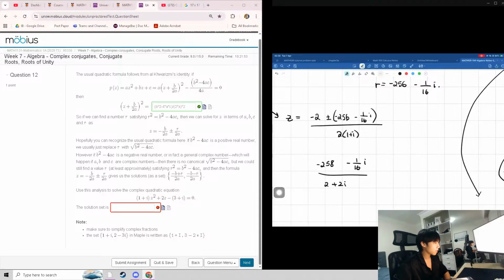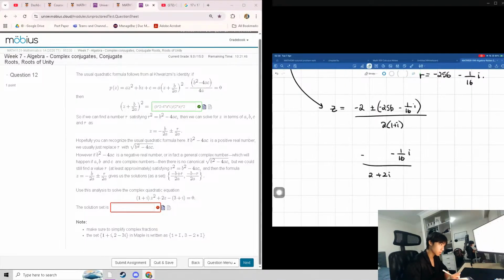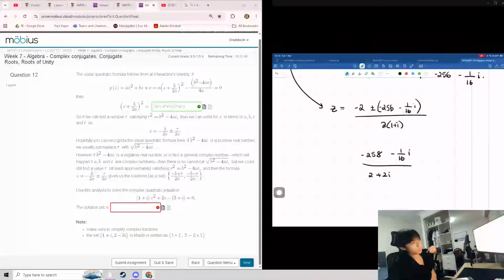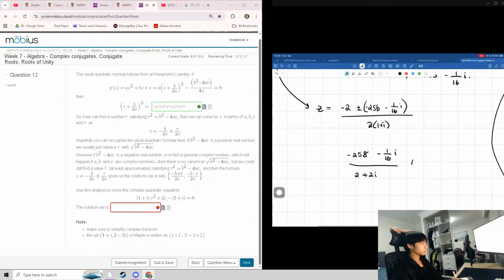Okay, I finally got another question about simplifying complex fractions. What's a cool way to do that? Oh my god, yeah, you're right.